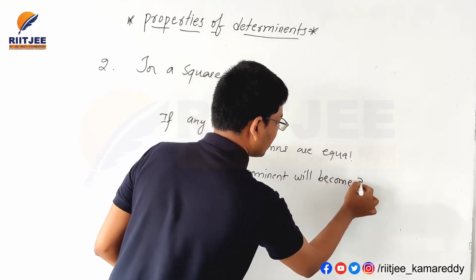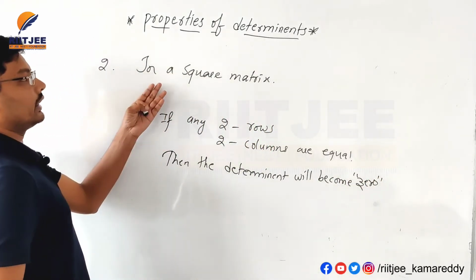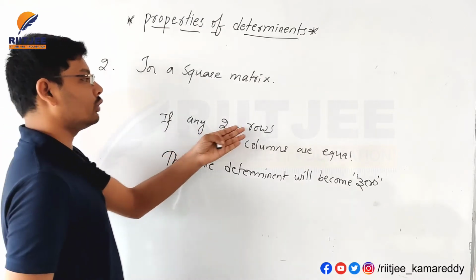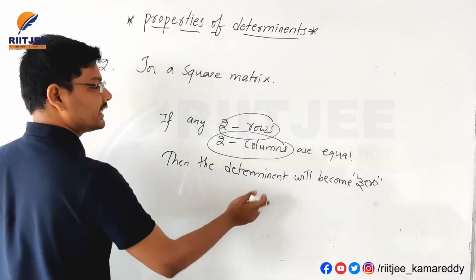This is the most important property here. In a square matrix, if any two rows or any two columns are equal, then the determinant will become 0.